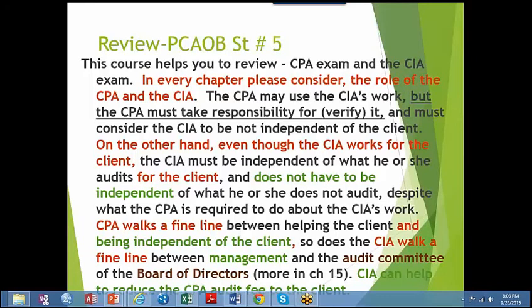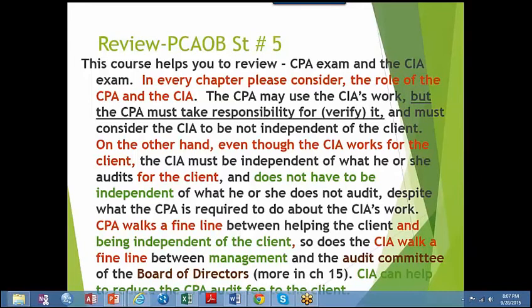The CPA takes responsibility for this and verifies it, but the CIA can, in fact, do many of the same things that a CPA does. Now, for the CPA to use the work of the CIA, the CPA verifies that the CIA is independent.